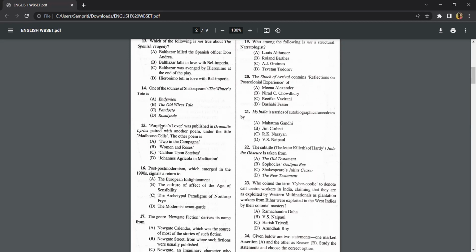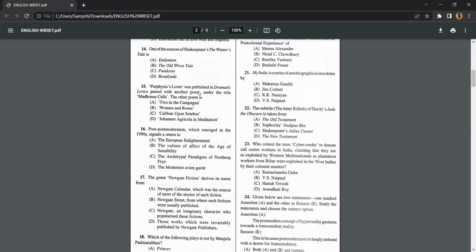Okay. Number 15, Porphyria's Lover. Very good question. I love this question. Porphyria's Lover was published in Dramatic Lyrics, paired with another poem under the title Madhouse Cells. The other poem is what? Two in the Campagna? No. Women and Roses? No. Caliban upon Setebos?